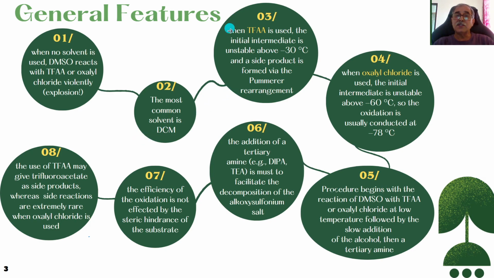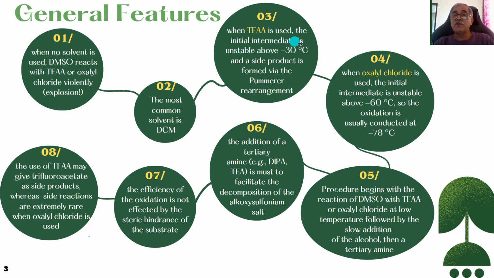Then another general feature of Swern oxidation is that when TFAA, that is trifluoroacetic anhydride, is used, the intermediate which is formed by the reaction of TFAA and DMSO is unstable above minus 30 degrees centigrade. Therefore, the temperature of the reaction should be below minus 30 degrees centigrade, otherwise a side product is formed via Pummerer rearrangement, which I have already told you.